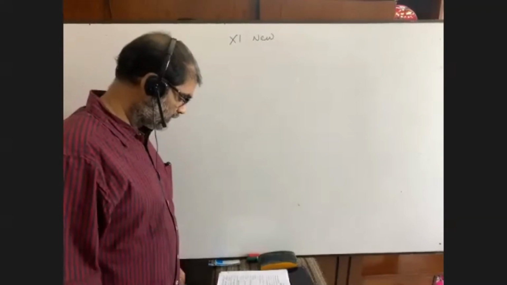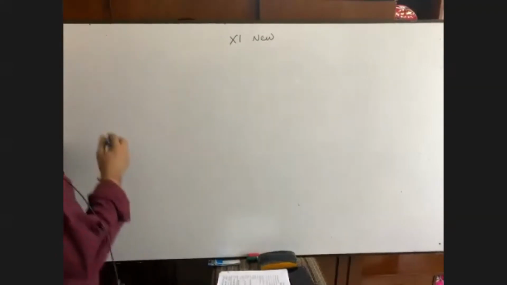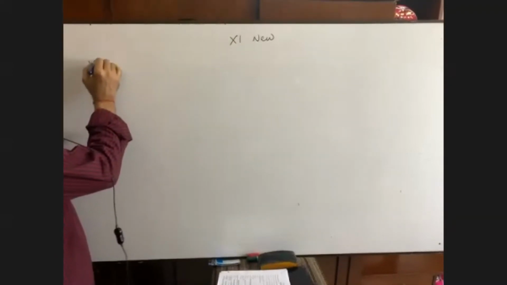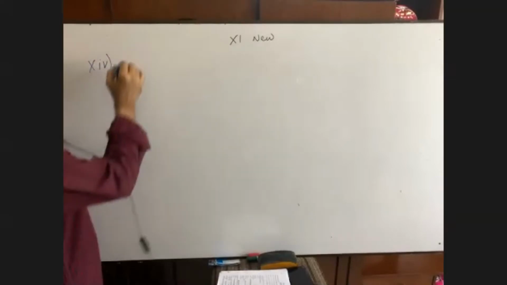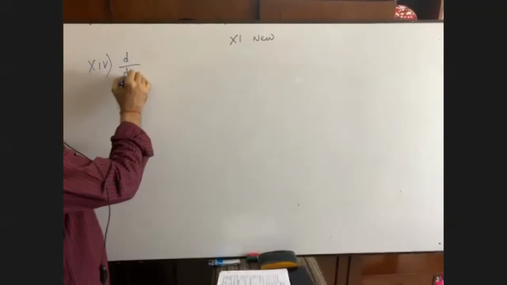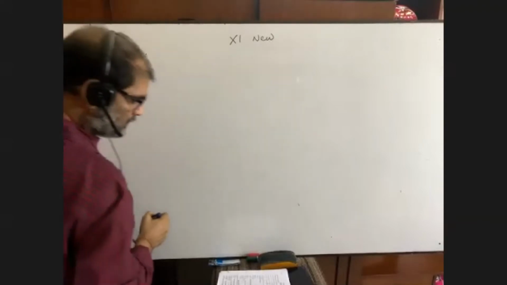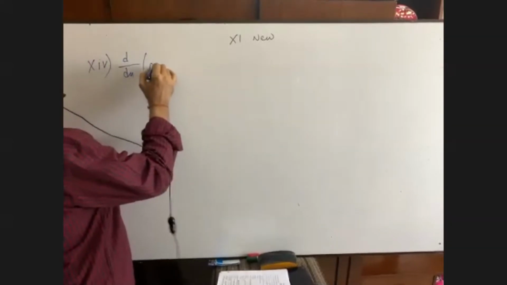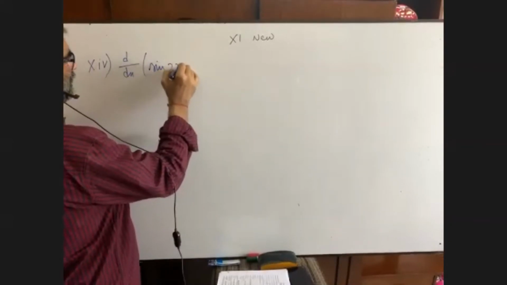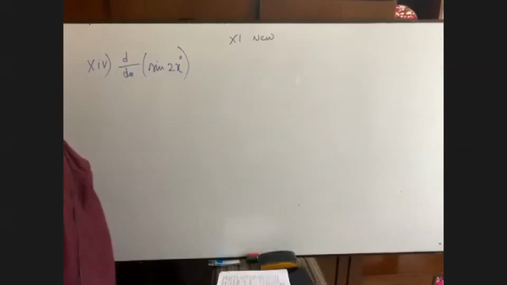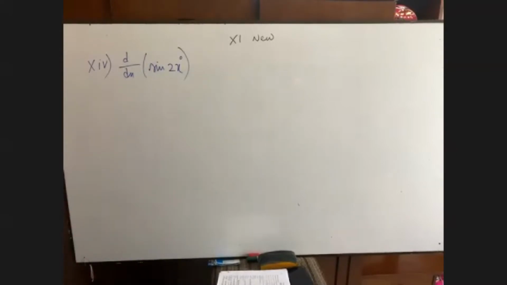Then question number 14. d by dx of sine 2x degree. One day I told you it is to be converted into radian. Can you please remember?